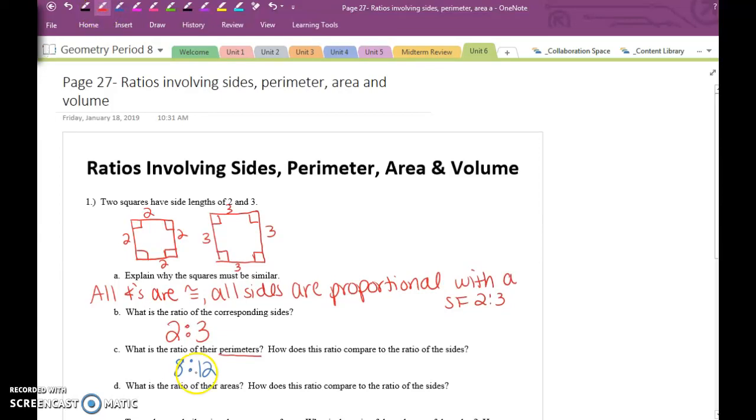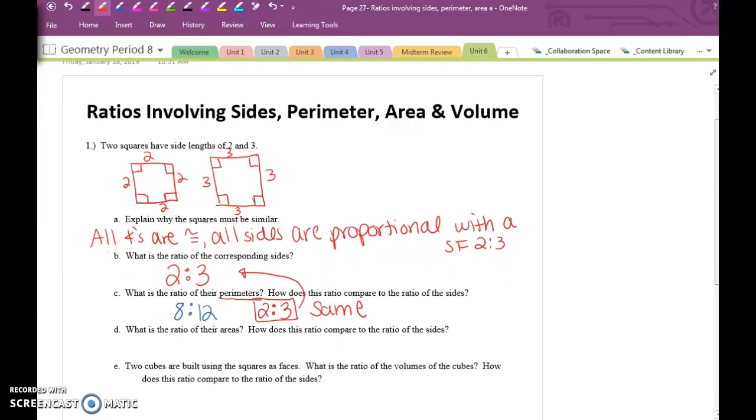If I divide 8 by 4, I get 2. And if I divide 12 by 4, I get 3. And when I simplify, what do you notice? Oh, it's the same as the ratio of the corresponding sides. So the ratio of the perimeter ends up being the same as the ratio of the corresponding sides.